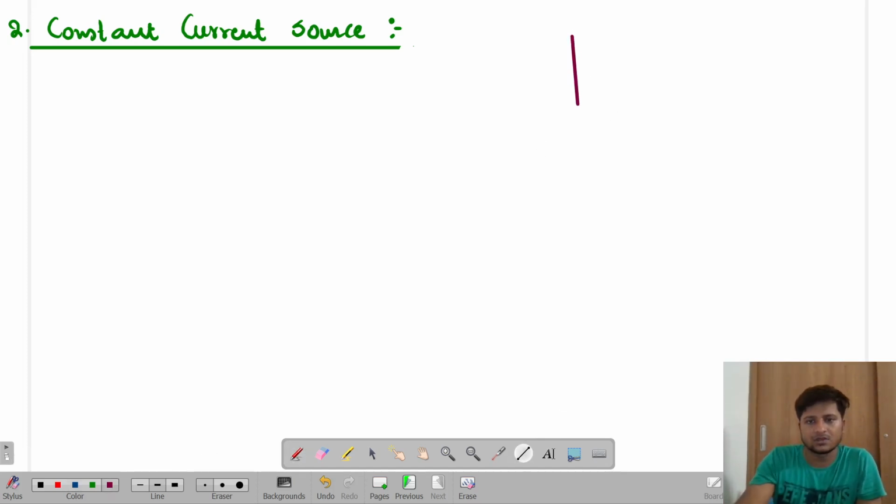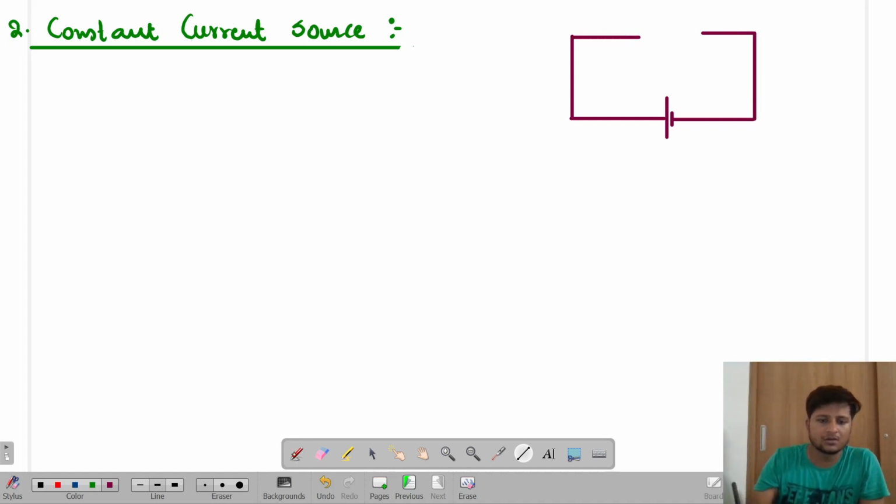Look over here. Let's suppose I connect a battery with a varying resistance, then what happens is that on this varying resistor, the current saturates.